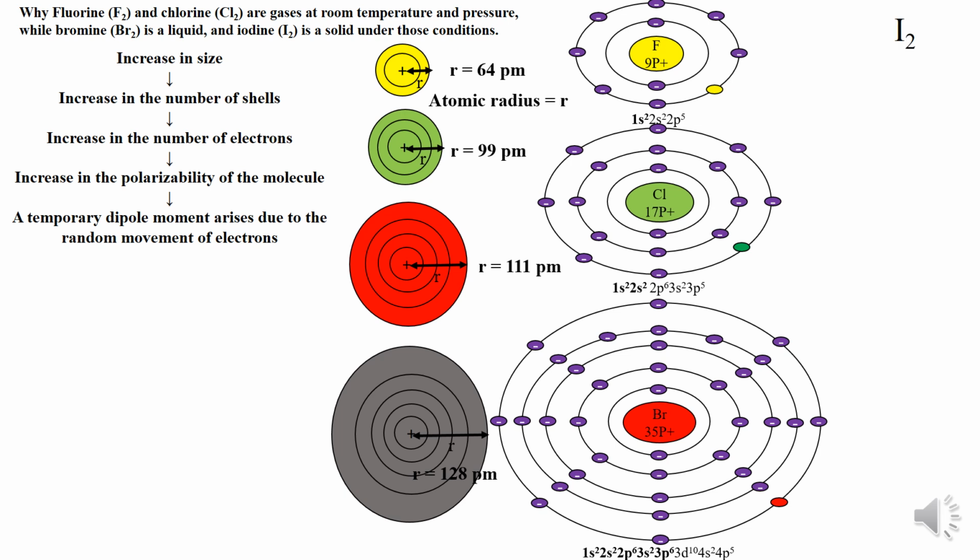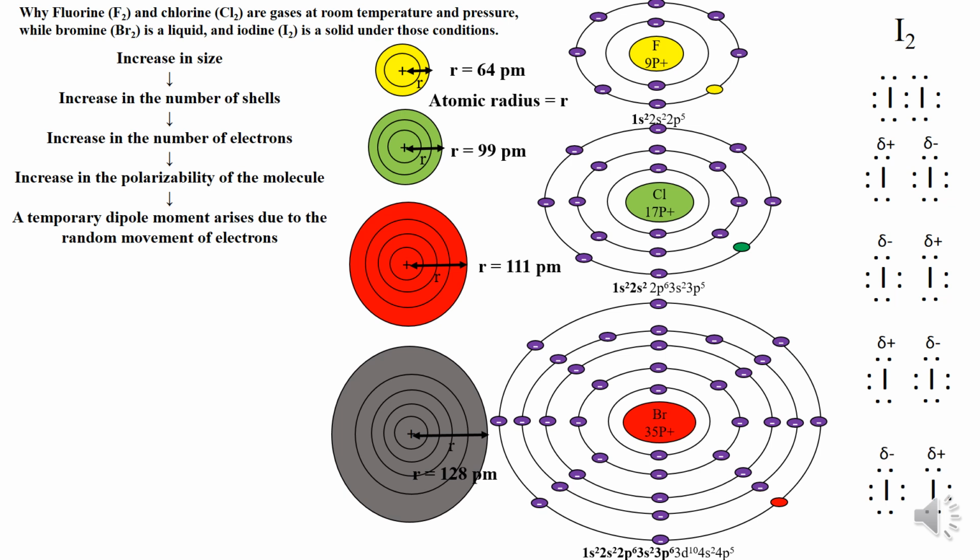So let me explain, considering iodine as a representative example. Here's the Lewis dot structure of the iodine molecule, where you find the symmetrical distribution of electrons around both the iodine atoms. But due to the temporary dipole moment that is created due to polarizability of the iodine molecule, you can see a partial positive charge and negative charge generated in the iodine atoms.